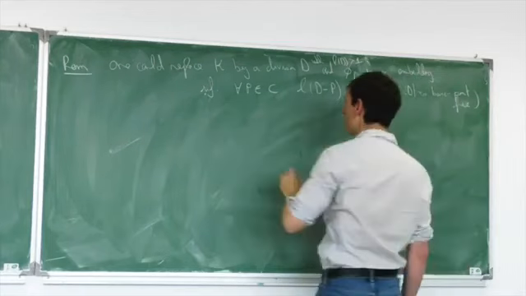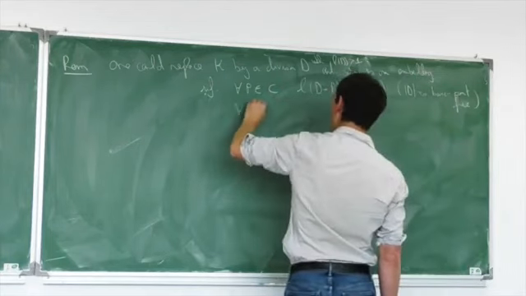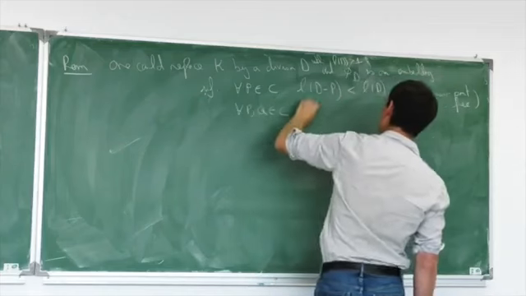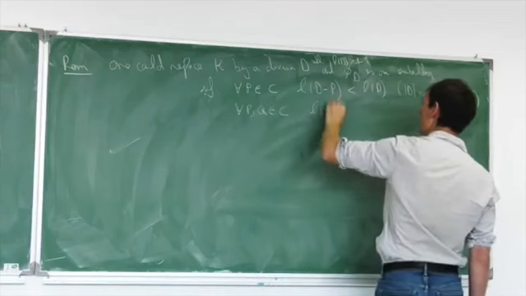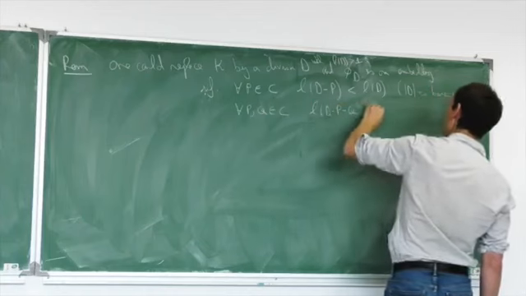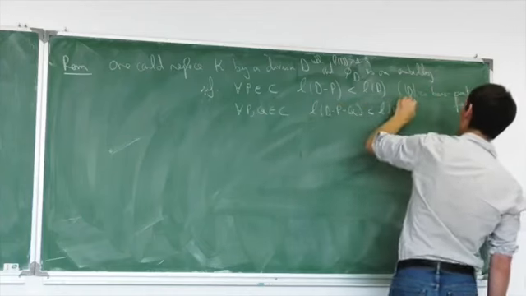And the second property is that for all P and Q in C, you want L of D minus P minus Q to be smaller than L of D minus P.